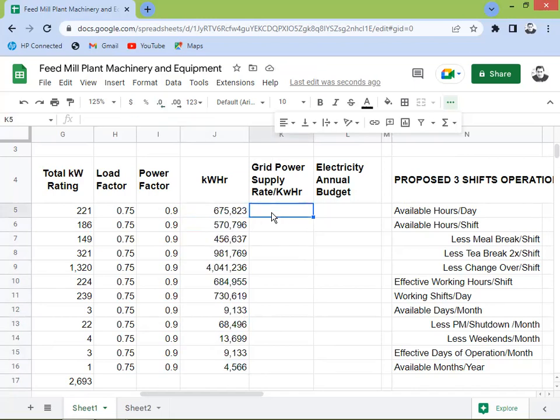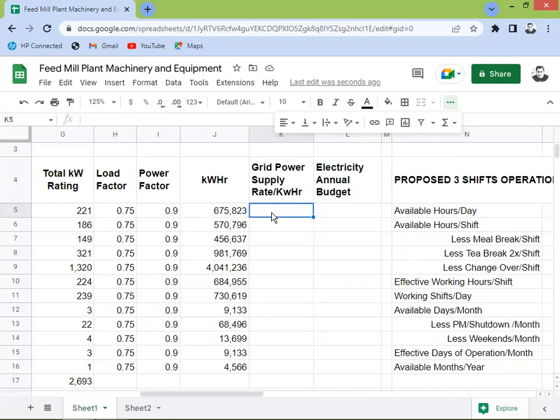What we're going to calculate is how much would be our budget, money wise, our financial budget. So before we get to that, we need the rate of the grid power supply, how much the government or a private company who is providing the energy or the power supply charges.